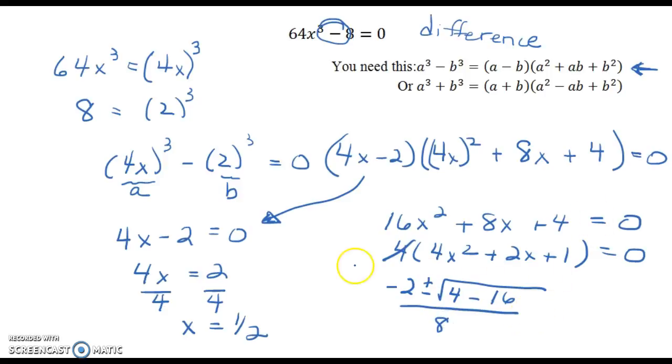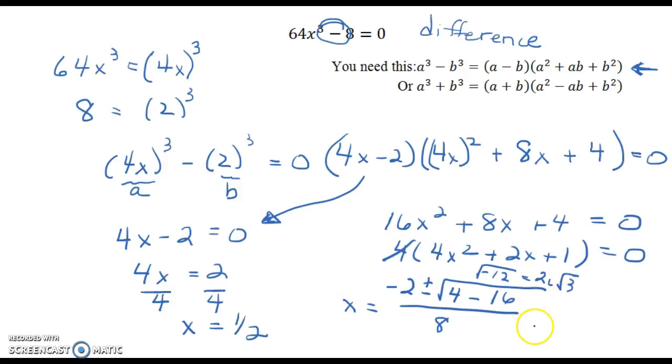Okay, that gives us our two roots. So x equals that as well. And to simplify that, 4 minus 16 is negative 12. I'm just going to put that up here. So the square root of negative 12 is the same as 2i root 3. Okay, that's kind of my aside.